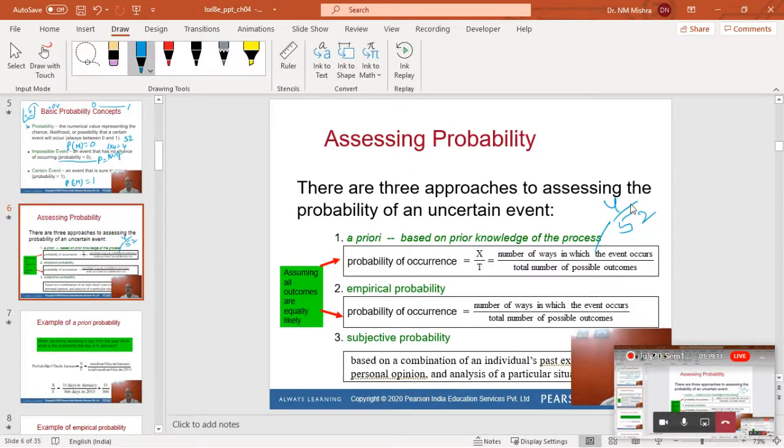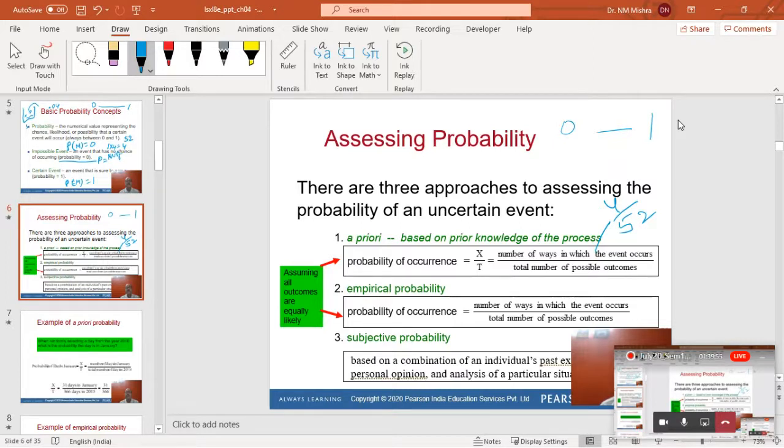So the probability of getting a king from all the playing cards is 4 by 52. If you divide 4 by 52, you will get a value between 0 and 1. The lower limit is 0 and the upper limit is 1.